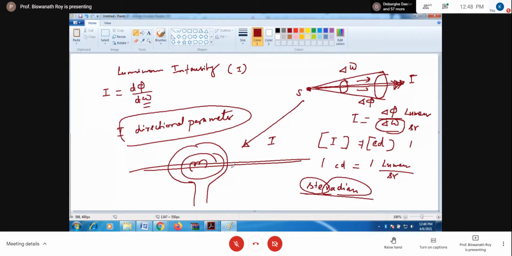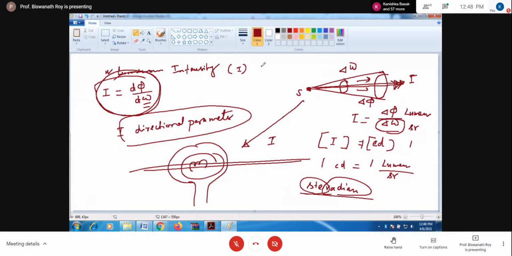So I explained what luminous intensity is, how it is expressed mathematically, and how it is explained by its physical interpretation. Now, for the measurement of luminous intensity, we take help of one law, that is the inverse square law.